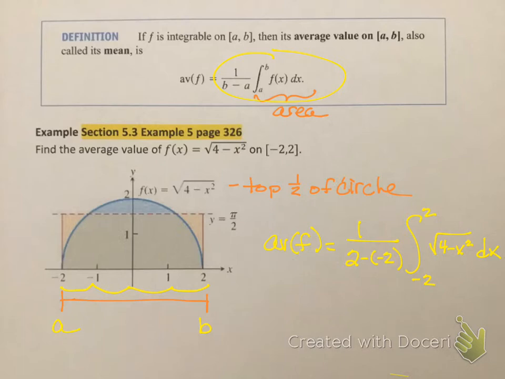Now we have a little bit of a problem here, and that is that we don't know how to integrate this. Because if you try to do u-sub on here, when you anticipate the derivative of 4 minus x squared, you get -2x. There is no x anywhere else in that problem for you to be able to do integration by substitution.